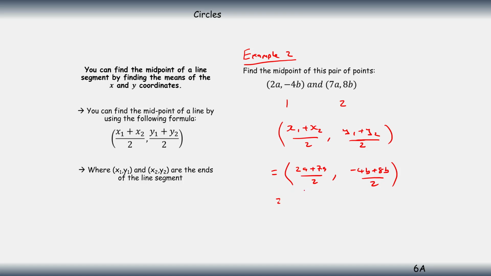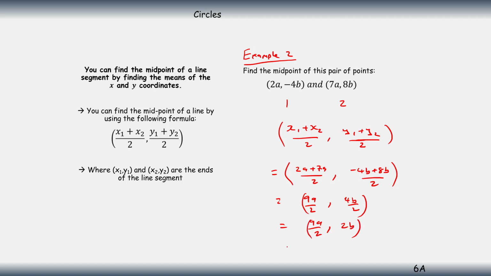So that's 9a over 2 and 4b over 2. Simplifying, I'm quite happy with 9a over 2, or 9 over 2a, and 2b.